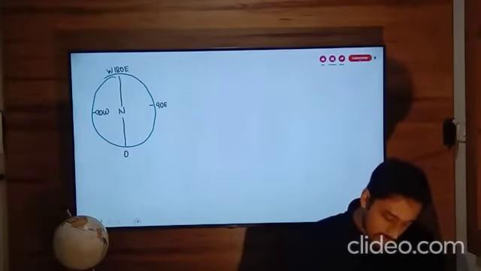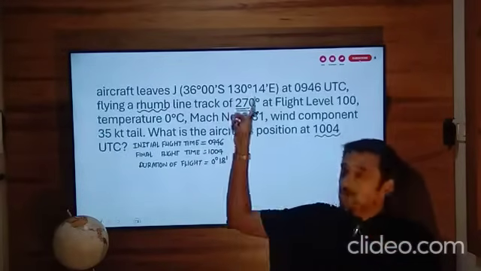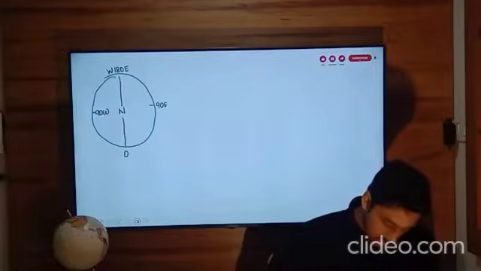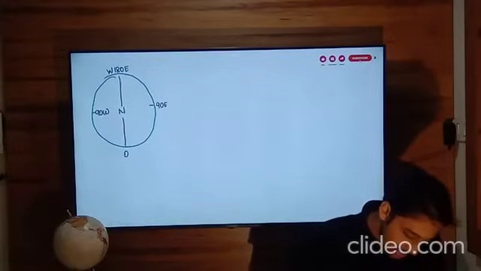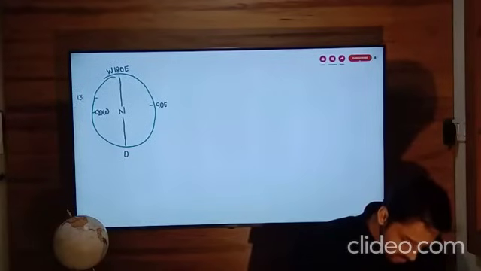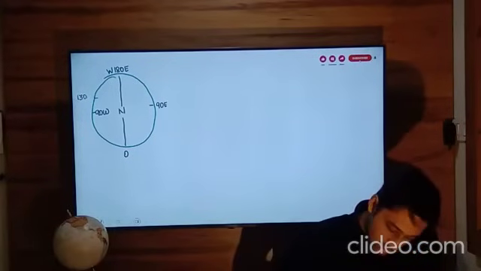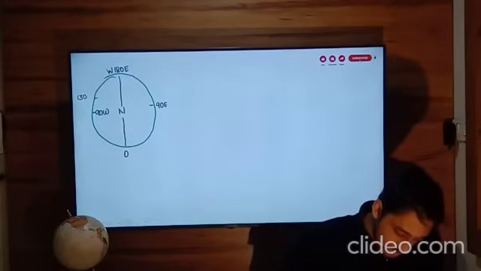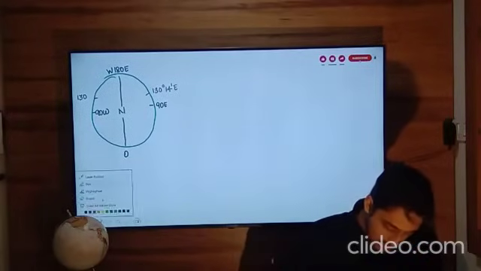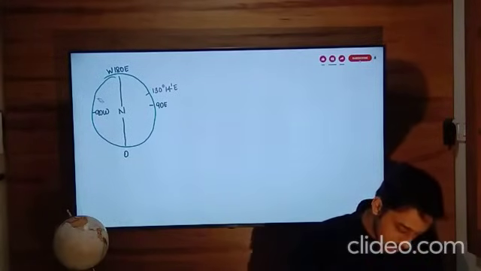So currently we are at longitude 130 degrees 14 minutes east. So that is your longitude.